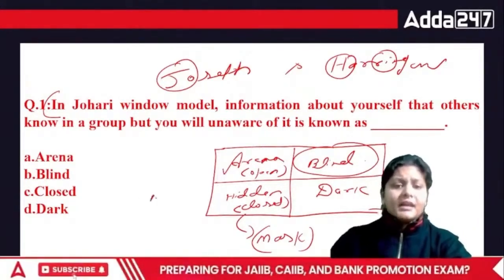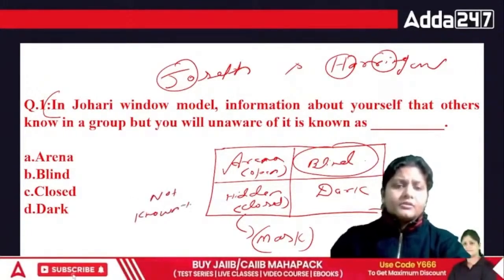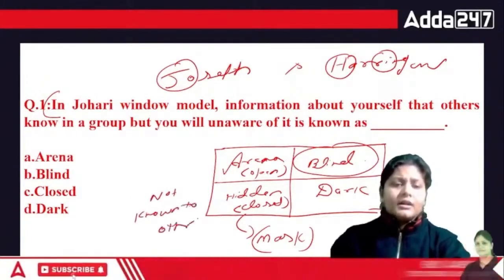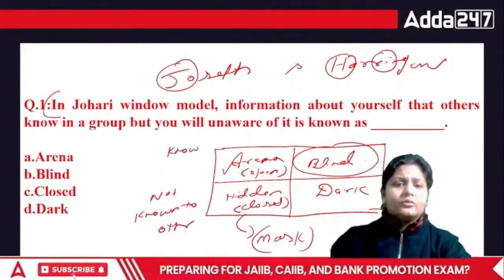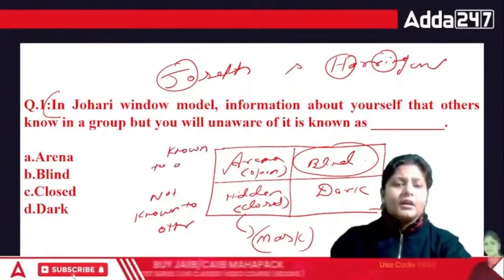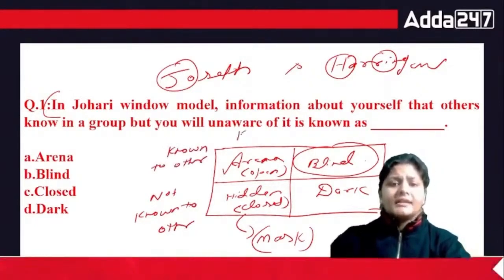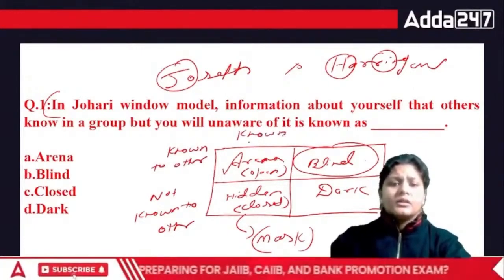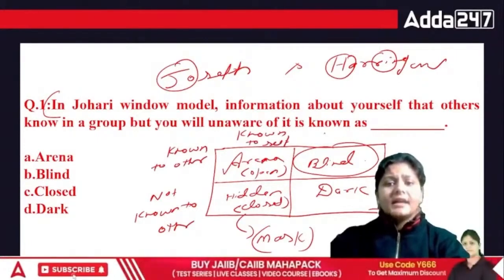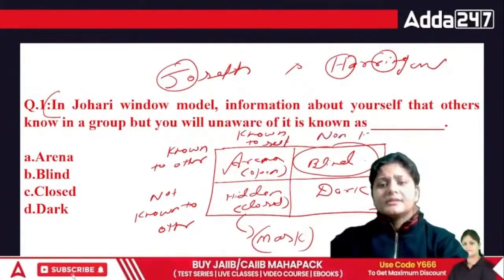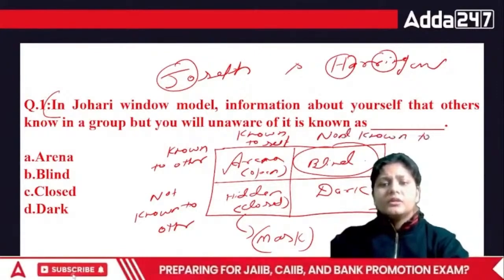This is the area of not known to others, and this is the area known to others. The first is the area known to self, and the second is the area not known to self.